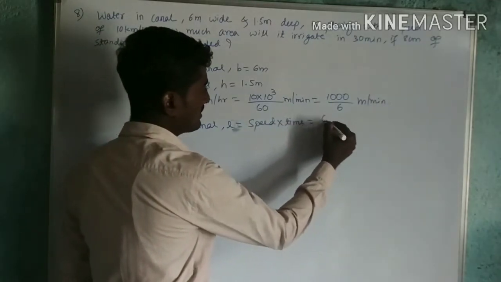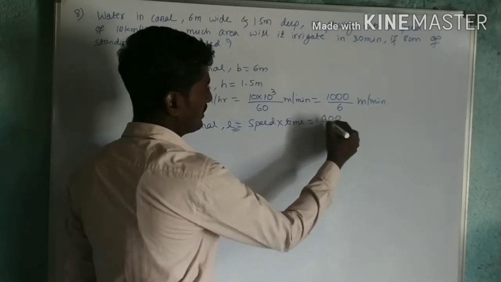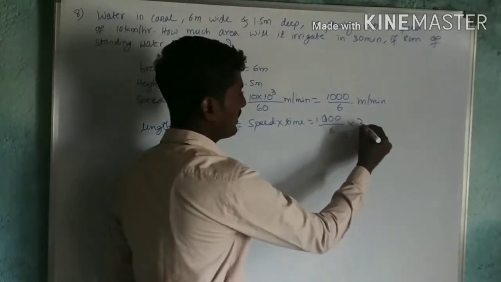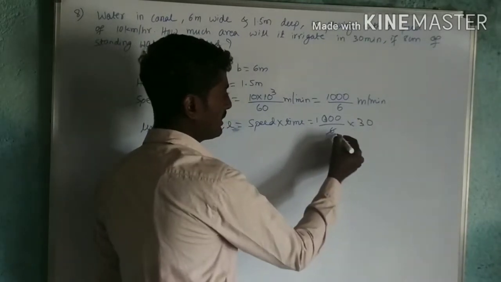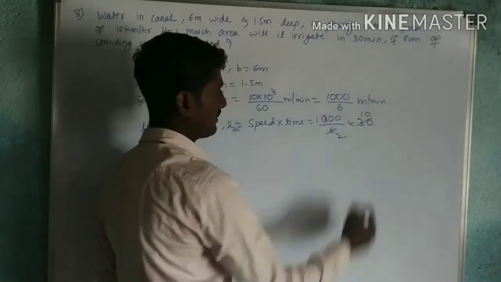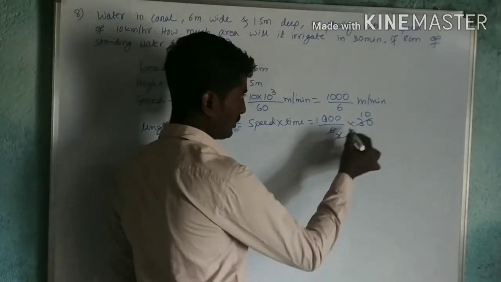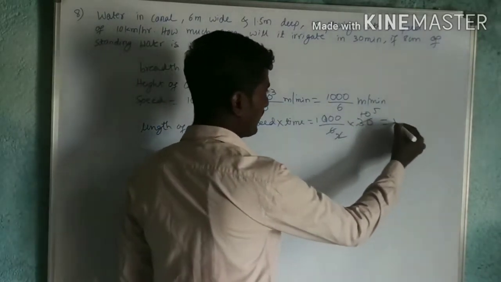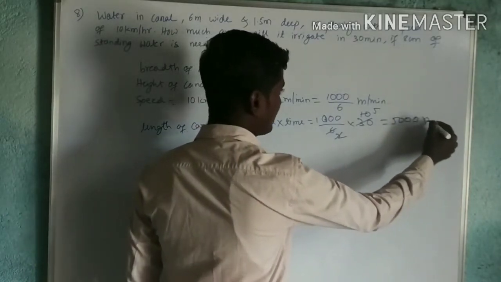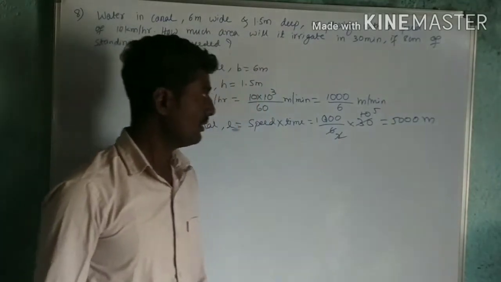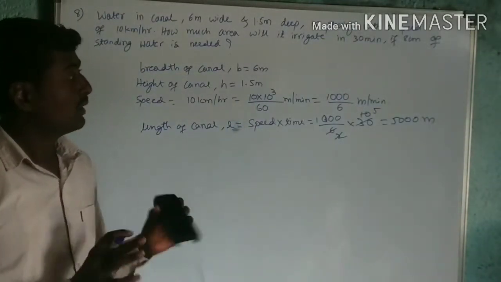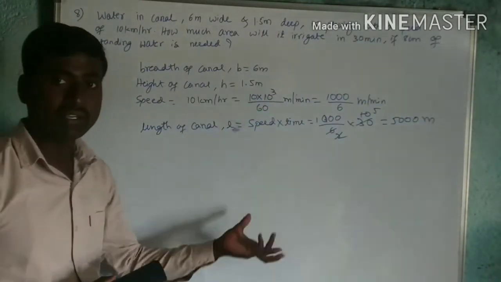Speed is 1000 divided by 6, into time, 30 minutes. 3 2s are 6, 3 1s are 3, next 2 1s are 2, 5s are 5. Next it is 5000 meter. This is the length. Length is in meter. Now from this data, what can I find?